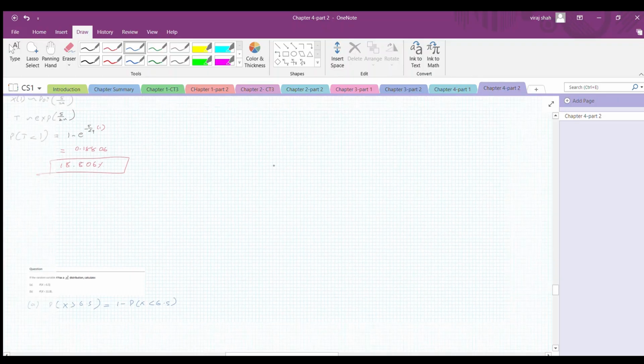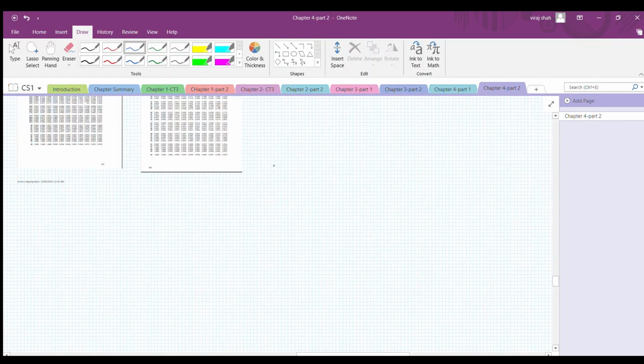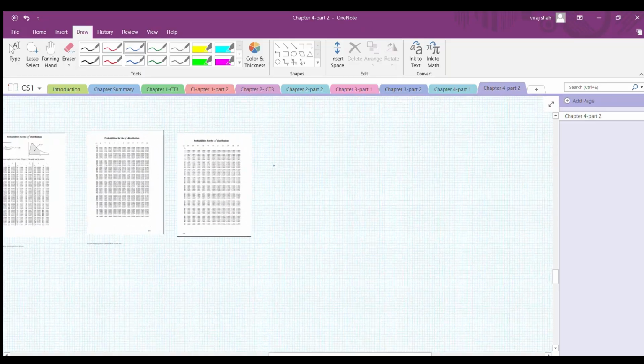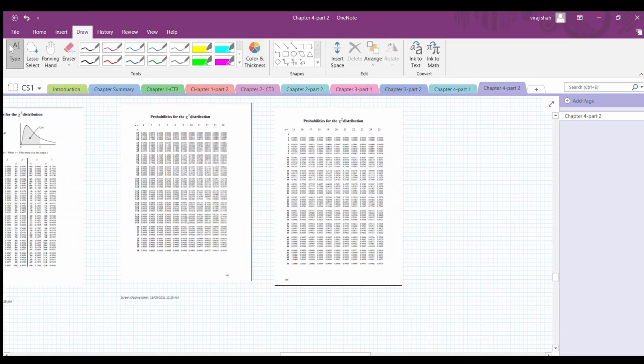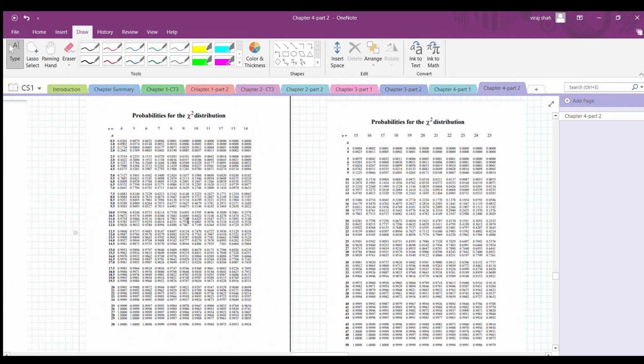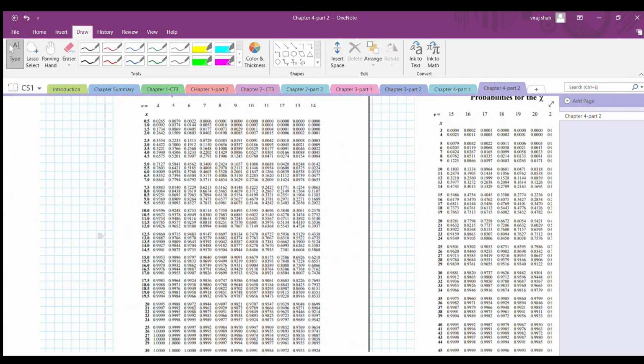Okay, for this, let's see our table's value. Chi-square 5, see, v is 5 for values less than 6.5. So 6.5 is here. This would be nothing but this value, 7.394.